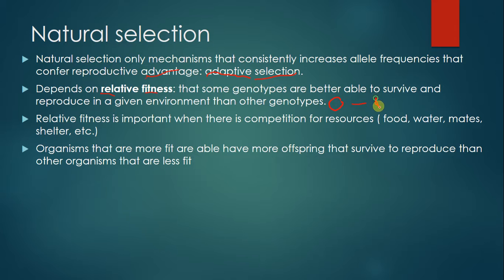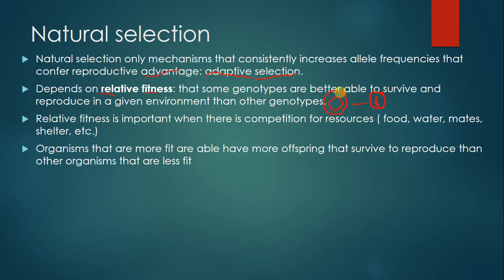So of all the genotypes for a given trait, we would assign the number 1 to the most fit and 0 to the least fit. Relative fitness is important when there is competition for resources like food, water, mates, and shelter, because the genotypes that confer the greatest fitness will better survive by better competing for those resources.